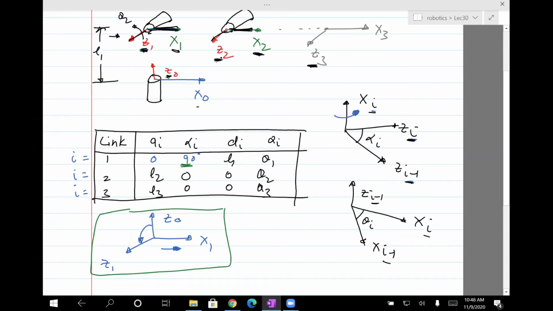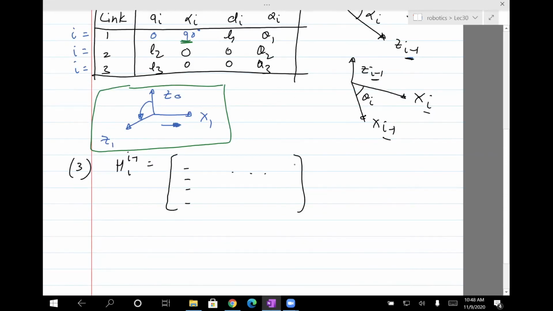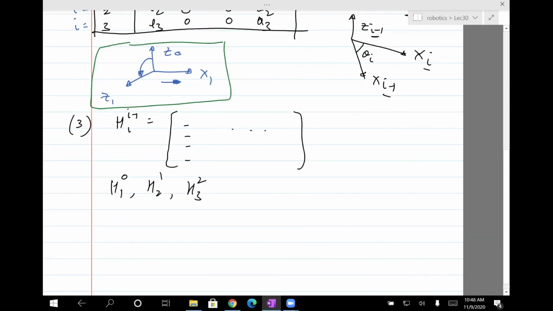The final step, number 3, is to apply the H formula. So H i to i minus 1. There's a 4 by 4 matrix which you want to copy down. I would do this in MATLAB. Then I would establish what H10 is, H21 is, H32 is by using this formula for H, and also using the table.